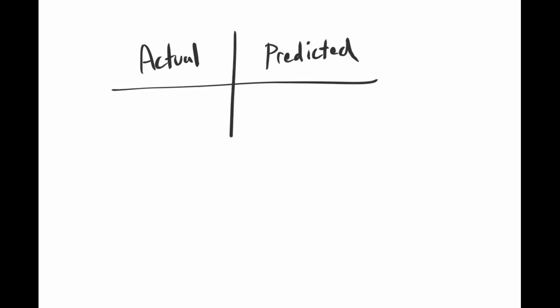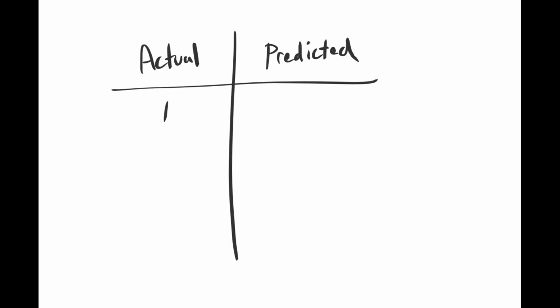Okay, here, I'll show you. Let's say your actual versus predicted. Let's say you just have ones and zeros. It could be multiple classes, but let's just go with ones and zeros for now.